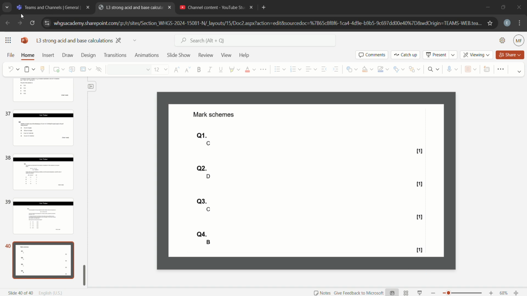And in question 4, the rate equation for the acid catalyzed reaction between iodine and propanone is given. The rate of reaction was measured for a mixture of iodine, propanone, and sulfuric acid at pH 0.70.